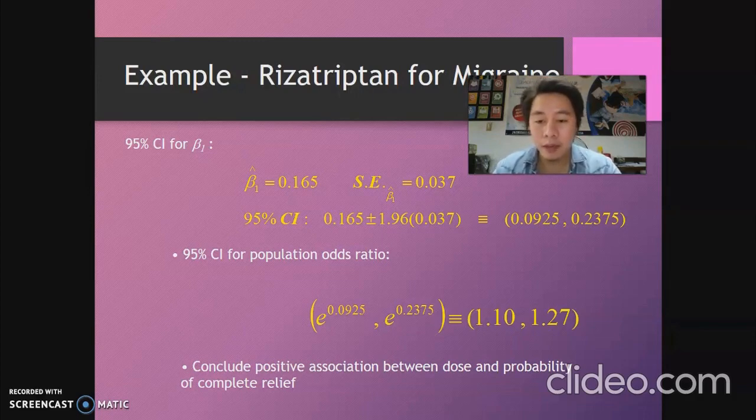The 95% CI for the population odds ratio is e to the 0.0925 and e to the 0.2375, which equals 1.10 and 1.27. So we conclude a positive association between dose and probability of complete failure.